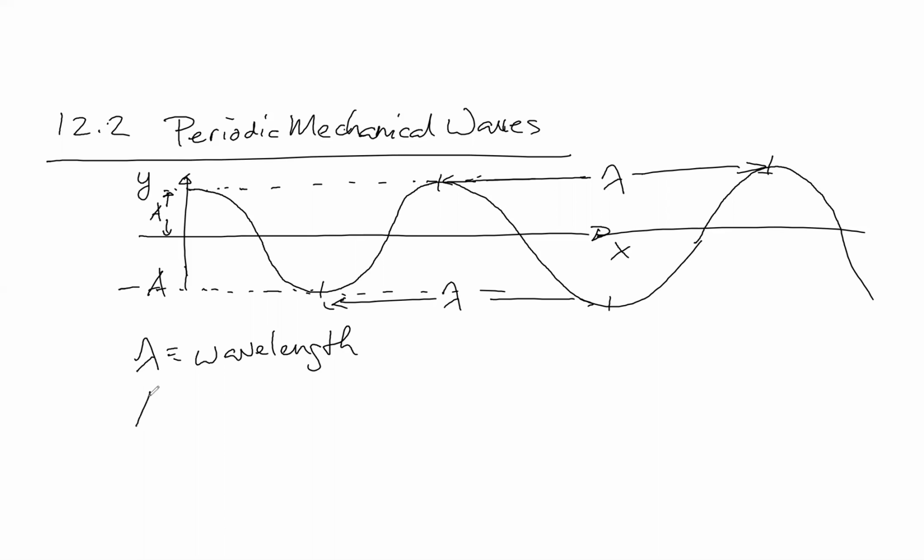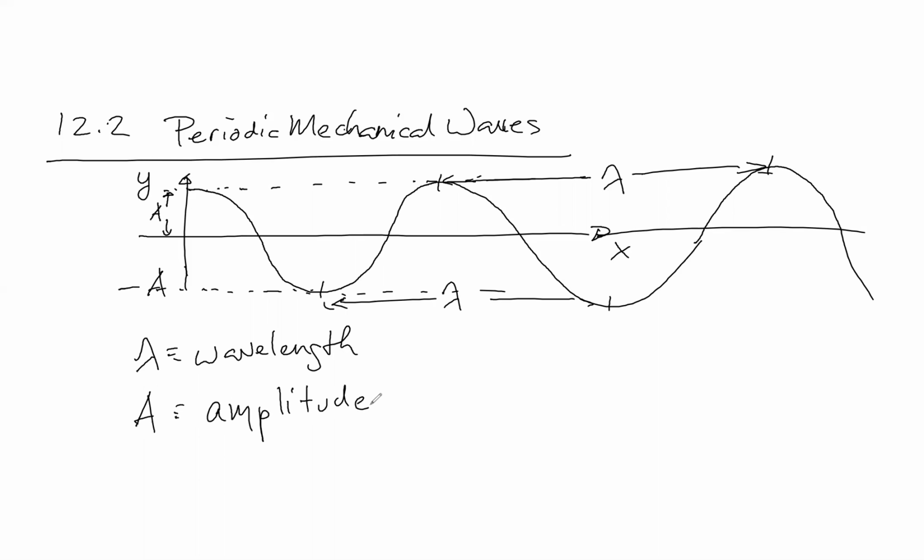And so we say A is the amplitude of that wave, or the amplitude of that motion. So we've defined two important quantities or descriptors for a wave.